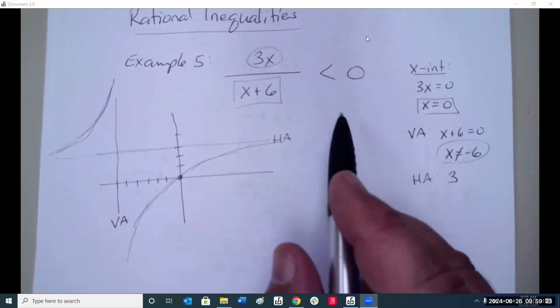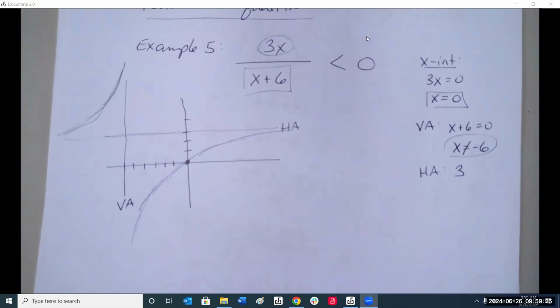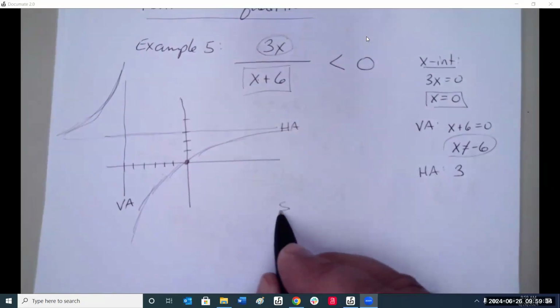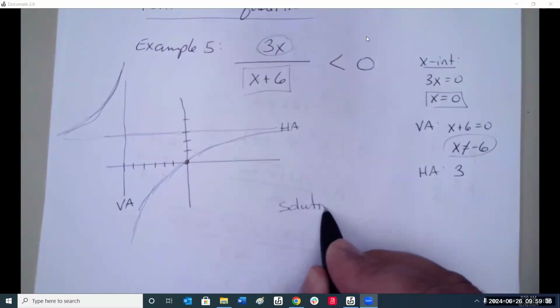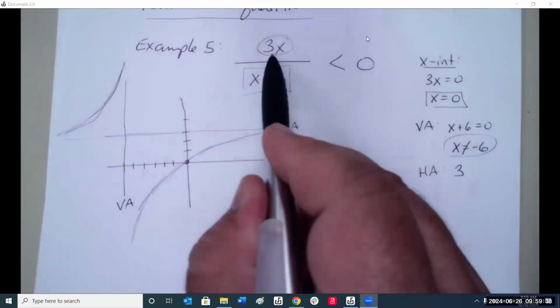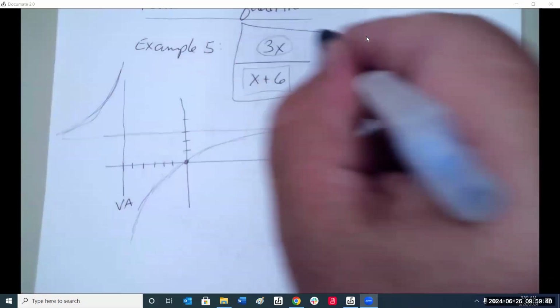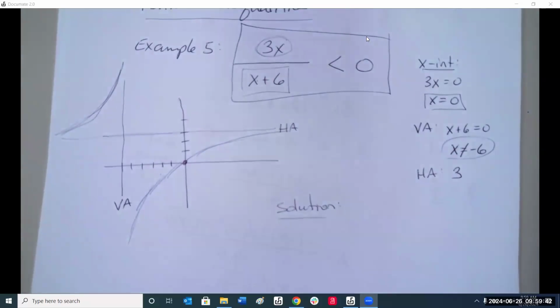So the only part we have here for our solution is where? Remember, this is our question. Am I looking for above or below the x-axis? Below. So what part of the graph is below the x-axis?